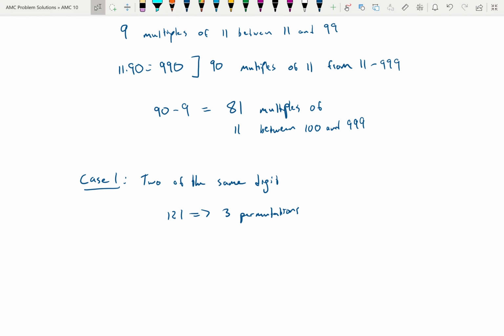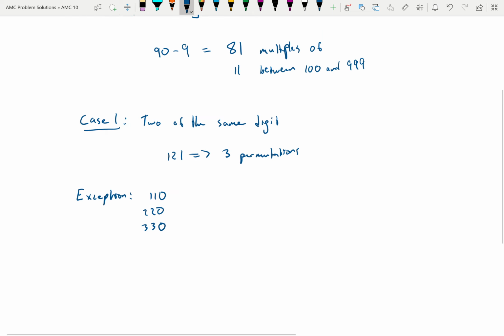The exception comes from the numbers 110, 220, 330, all the way down to 990. The one permutation that's not going to work is, for example, if we took 110 and permuted it like this. Now that permutation is not a 3-digit number because 0 is in the hundreds place.